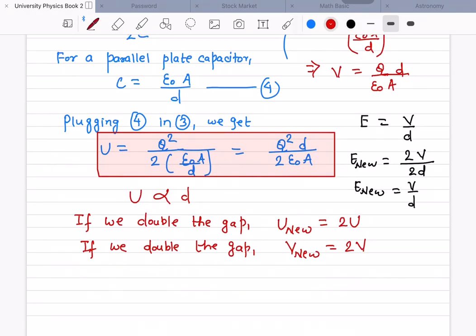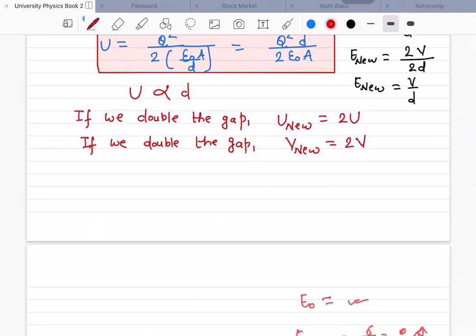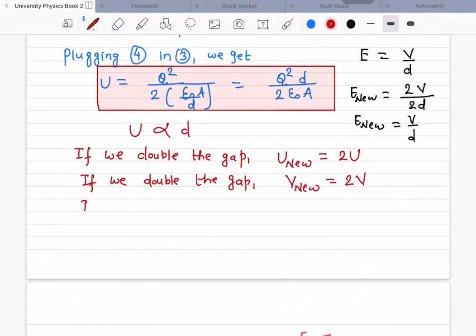Let me write down here. If we double the gap, the electric field will remain unchanged. It won't change at all.